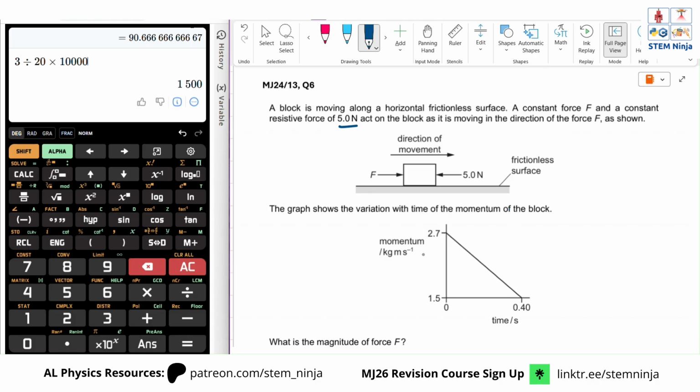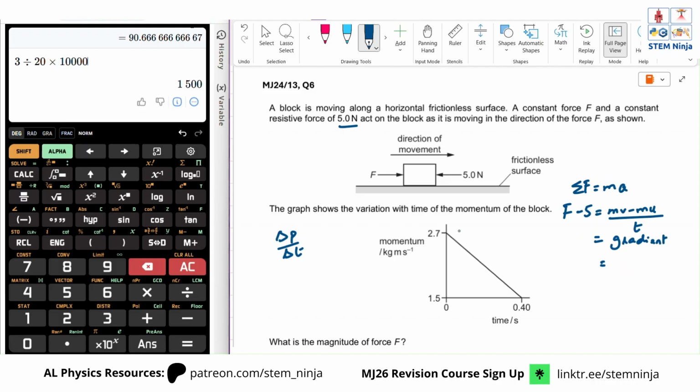Now, the acceleration on the body or the deceleration on the body, either way, it's happening due to the sum of forces acting on it. So Newton's second law, so basically F minus 5 is the rate of change of momentum. So mv minus mu over t. So the change in momentum over change in time gives us the gradient. So basically this is equal to the gradient.